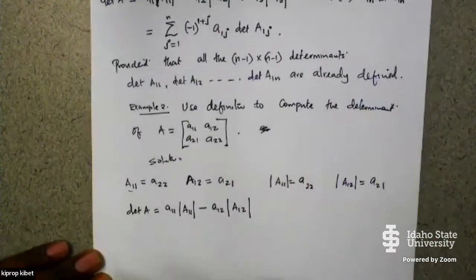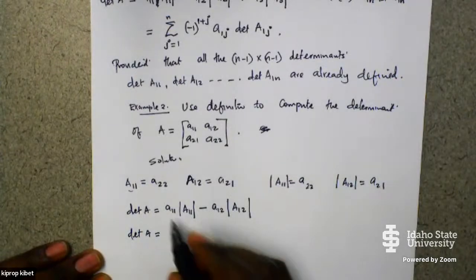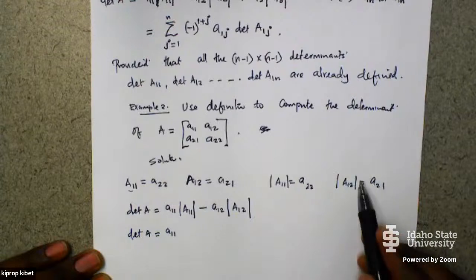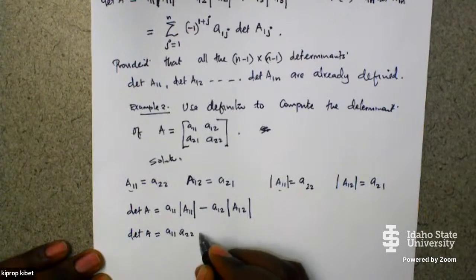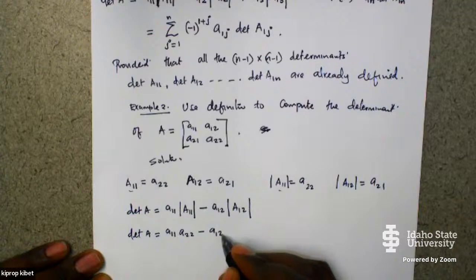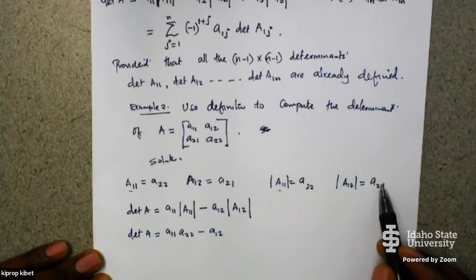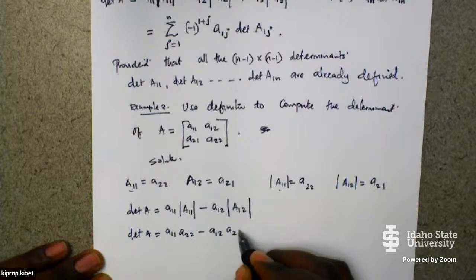Therefore, the determinant of A will be a11 multiplied by the determinant of A11, which is a22, minus a12 multiplied by the determinant of A12, which is a21.